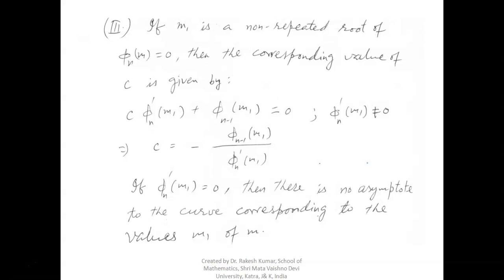This value of c will be given by c equal to minus phi n-1(m1) upon phi n dash (m1), where phi n dash means the derivative of phi n with respect to m, provided this is not equal to 0. If phi n dash (m1) equals 0, then there is no asymptote to the curve corresponding to this value m1 of m.